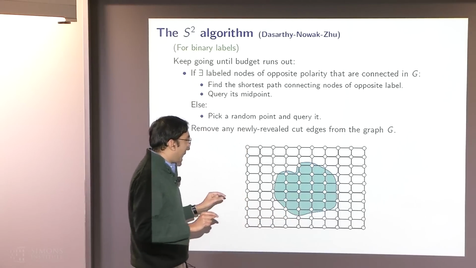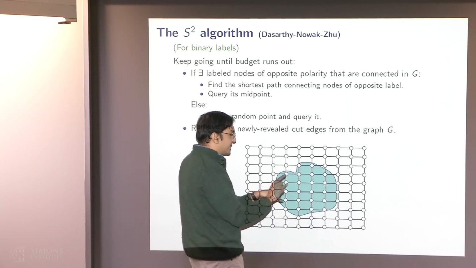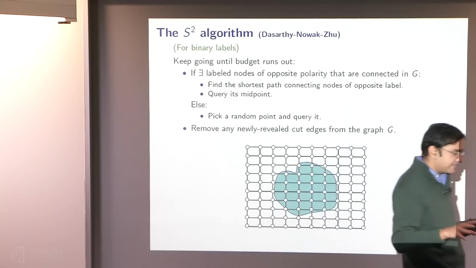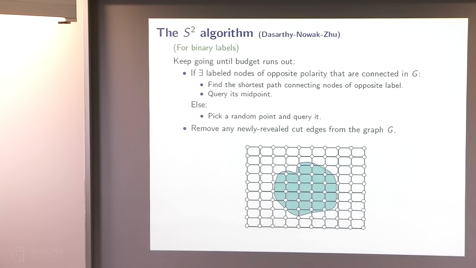At each given step, initially you have no labels at all, and over time you collect a few labels. At any given point you ask, do I have 2 points of opposite label? If so, look at all shortest paths connecting points of opposite label, find the shortest such path and query its midpoint.